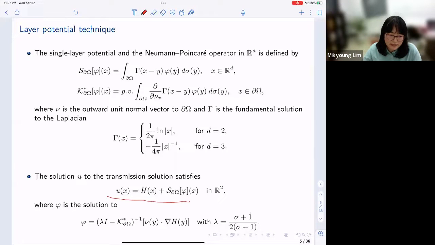That is, lambda identity minus K star inverse applied to the normal derivative of the background potential H. Here lambda is given by the conductivity value. So lambda is sigma plus 1 divided by 2 times sigma minus 1.